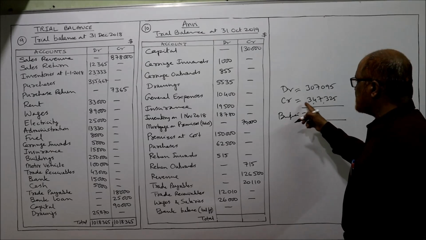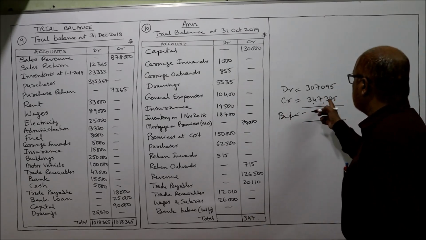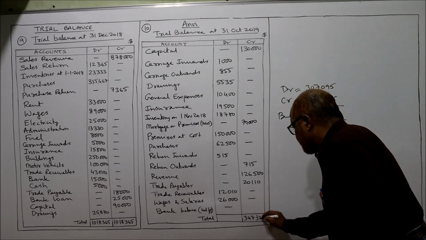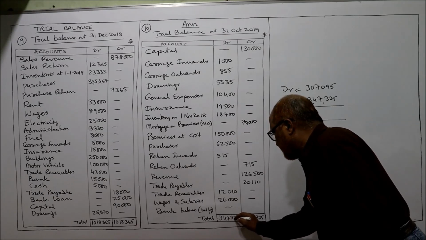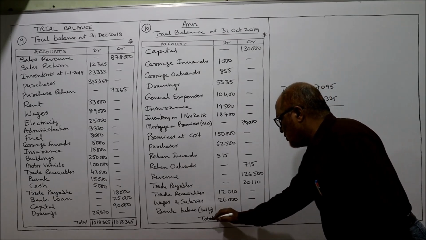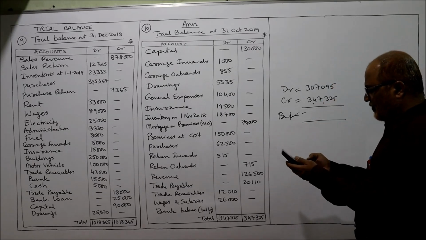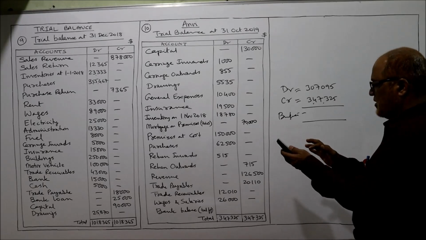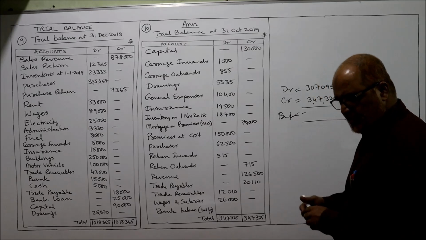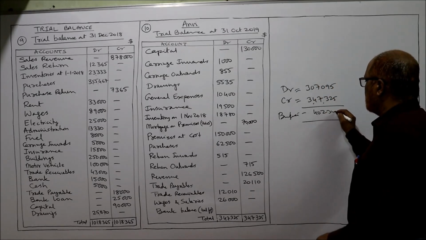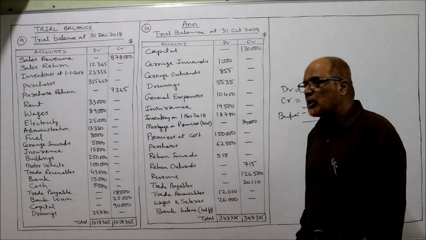So I am writing 3,47,325, right? Now, what is the difference? The difference between these two amounts, 347,325 minus 307,095. The difference is 40,230. Now this 40,230 should be written in that column where the total is less.